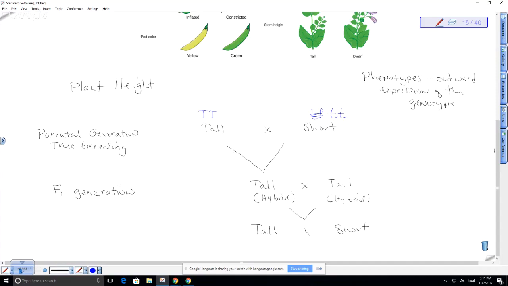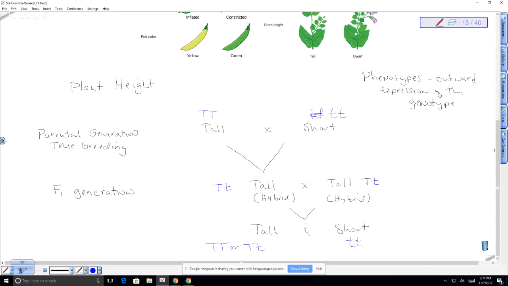Hybrids, what do you think their genotype is going to be? We know short is going to be little t, little t, but tall could be big T, big T, or big T, little t. So when I'm looking at a tall plant, I wouldn't know what its genotype is.